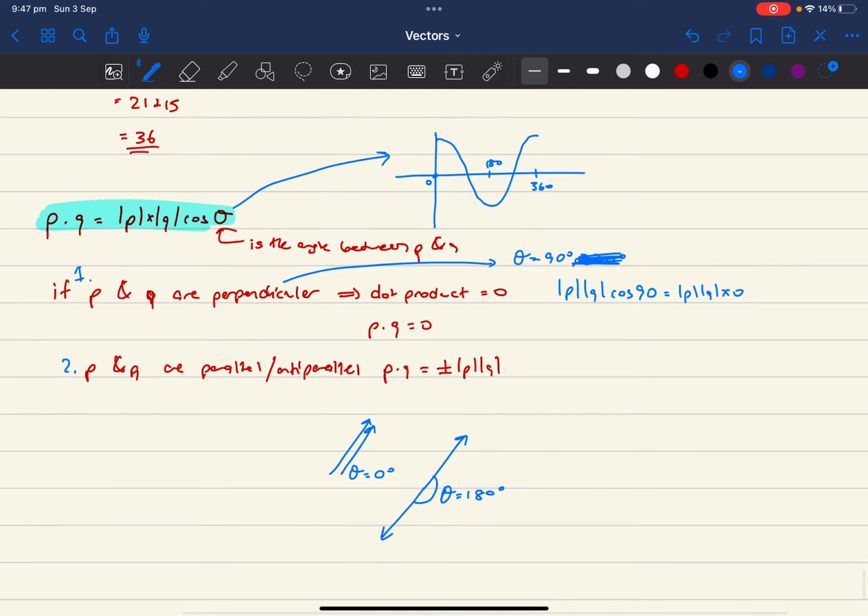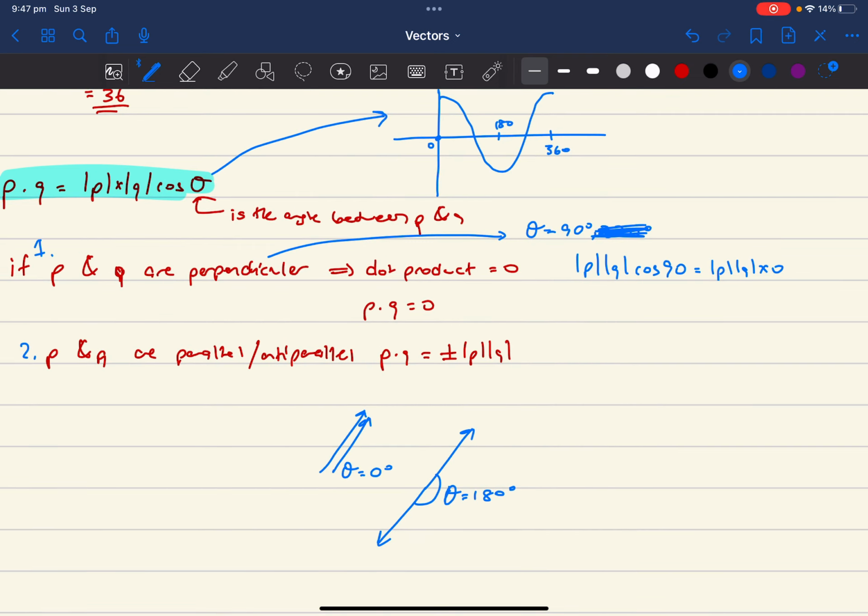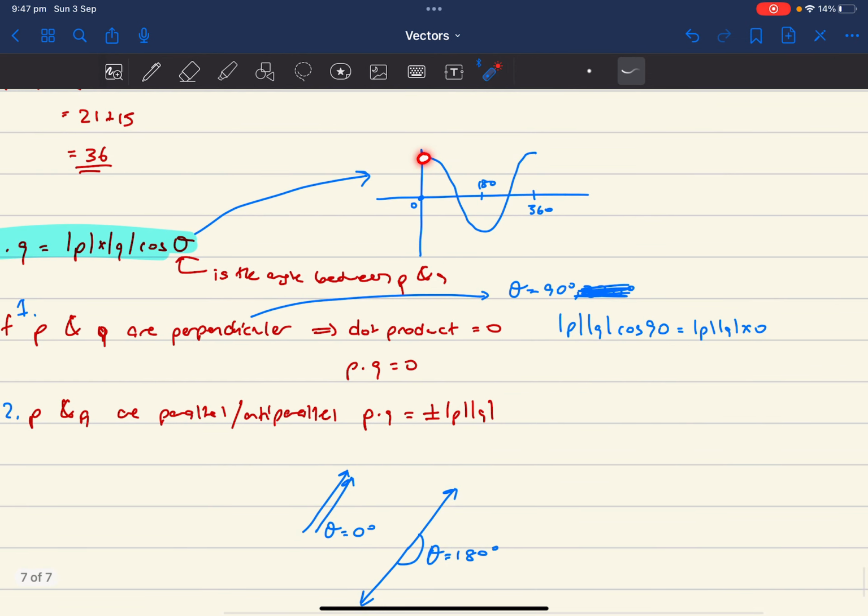When the angle is 0, what does cos theta equal? Cos 0 equals 1, so P dot Q just equals the length of P times the length of Q. What about when theta equals 180? I can see cos 180 equals -1.